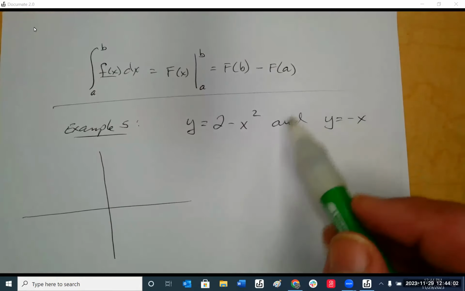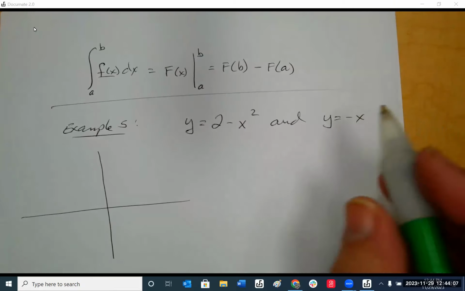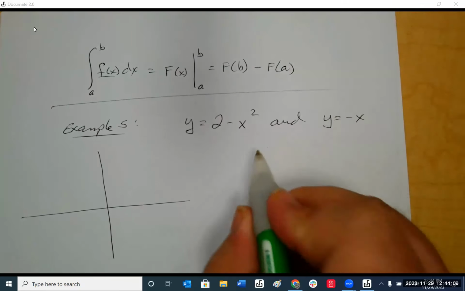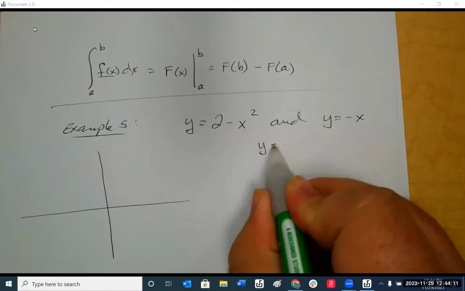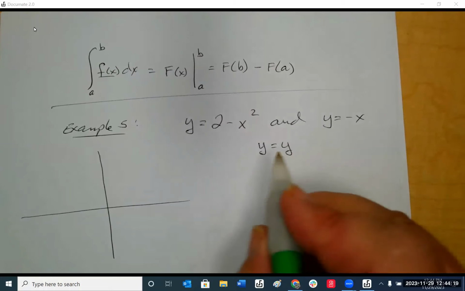It just says find the area bounded by these two things. What you have to do first is find out where they're equal, because those will be the points of your integration.